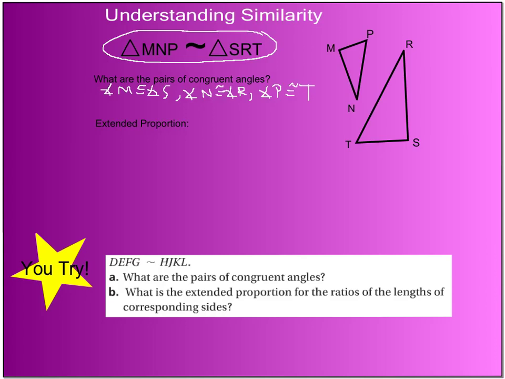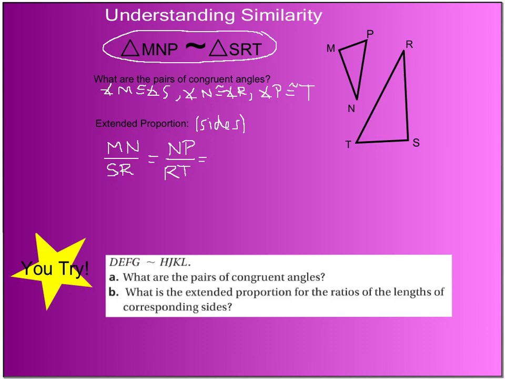Now for my extended proportion, I need to be looking at my sides, so let's put that in parentheses here. I'm going to take each side of the triangle and match it up to the one from the other triangle. So my first 2 letters are MN and SR. I know those are going to be equal to my next 2 letters, NP and RT.